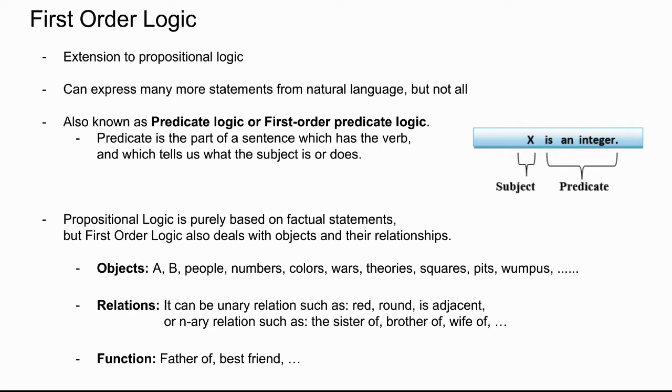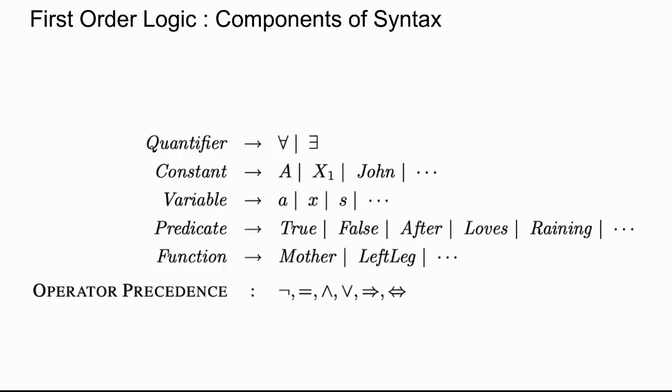Okay, so this is primarily what first order logic is made up of. It has objects, it has relations between those objects, and it also has functions between those objects. Now in propositional logic, we had certain atomic sentences, and we had various kinds of connectives and operators. In first order logic, all those operators and everything is going to be used, but in addition, we have some extra things that gives first order logic a greater power over propositional logic.